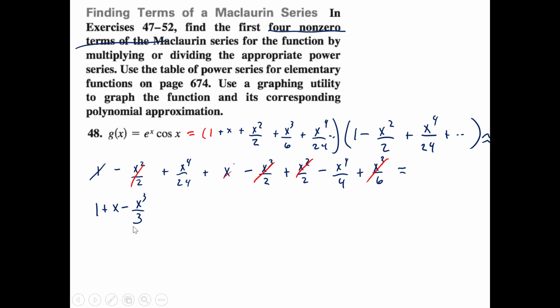Now I need the 4th power. X to the 4th over 24 and minus x to the 4th over 4. And so I have 1 over 24 minus 1 over 4.